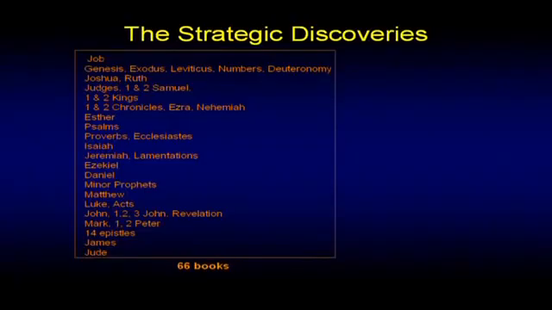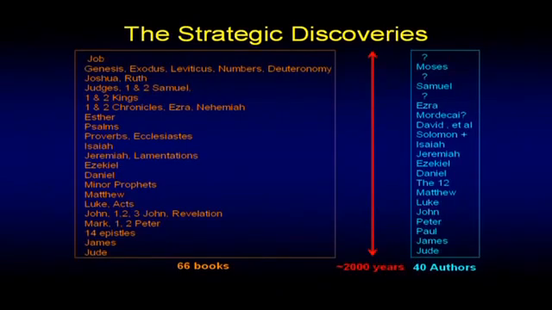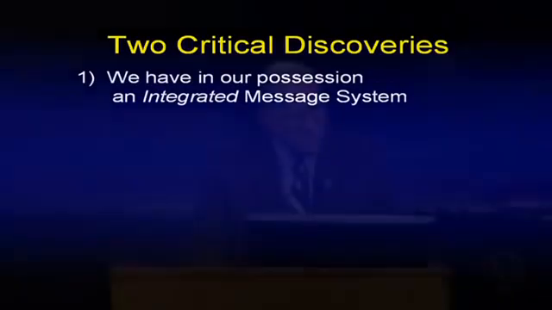So the two discoveries that are the foundation of our ministry is that these 66 books we call the Bible, even though they were accumulated over almost 2,000 years by over 40 different writers who didn't even know each other. Having said that, what makes it astonishing is that we have in our possession an integrated message system.